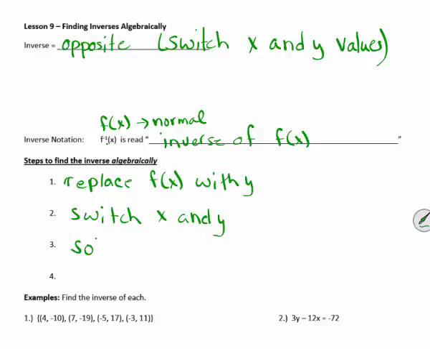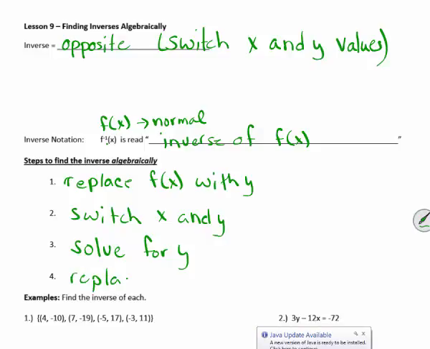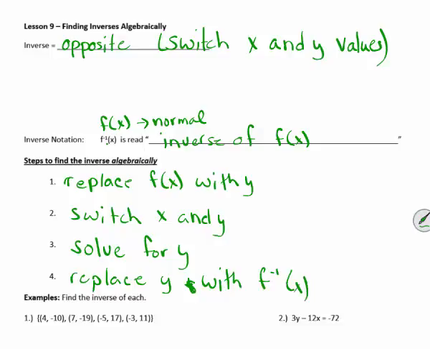You're going to solve it for y. So all that stuff that we did with those literal equations where we were rearranging is really coming into play here. And then you're going to replace y with the correct notation, f -1 of x.